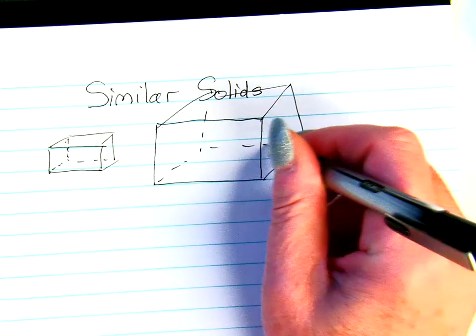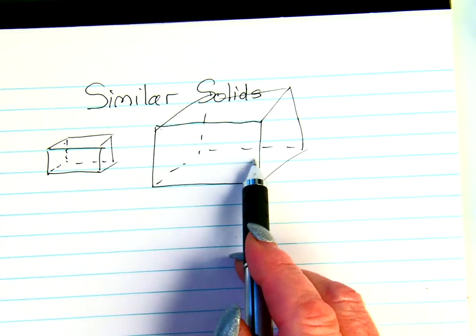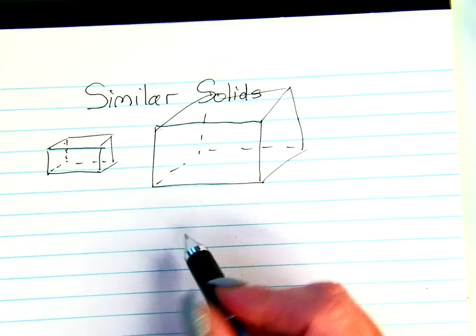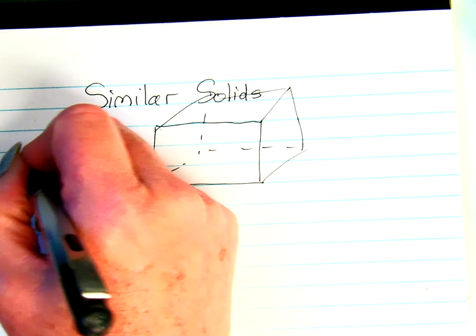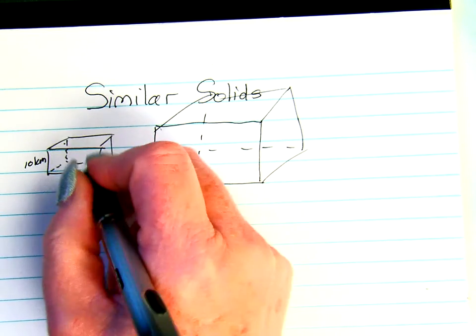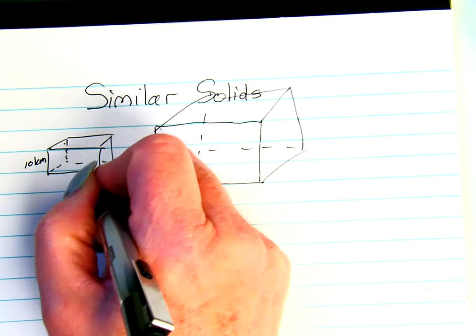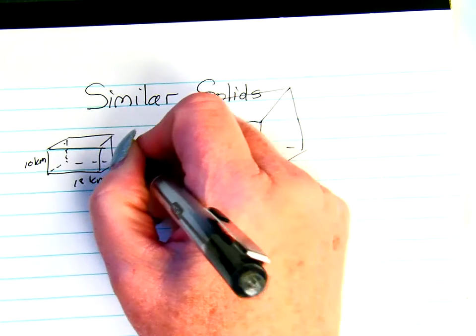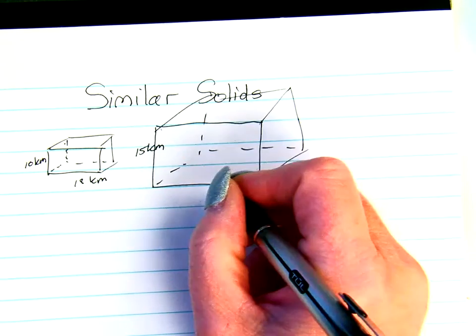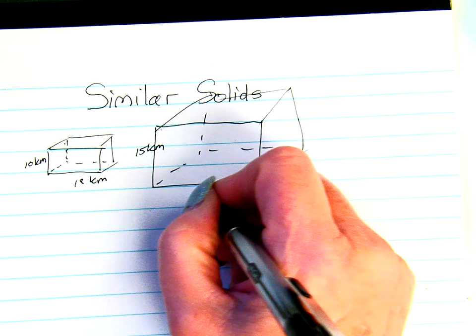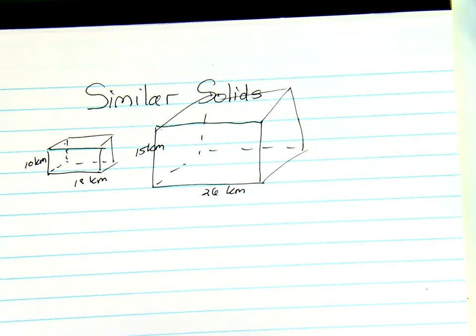So we've got two solids, different sizes. We've got 10 kilometers, 18 kilometers, 15 kilometers, and 26 kilometers. And all we have to do is set up two ratios to see if it does form a proportion.